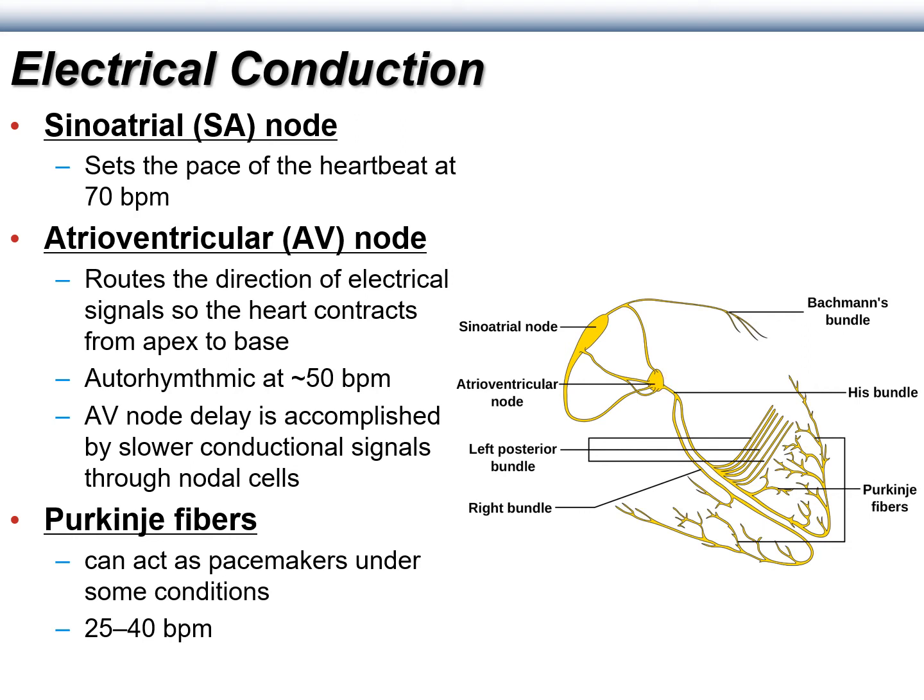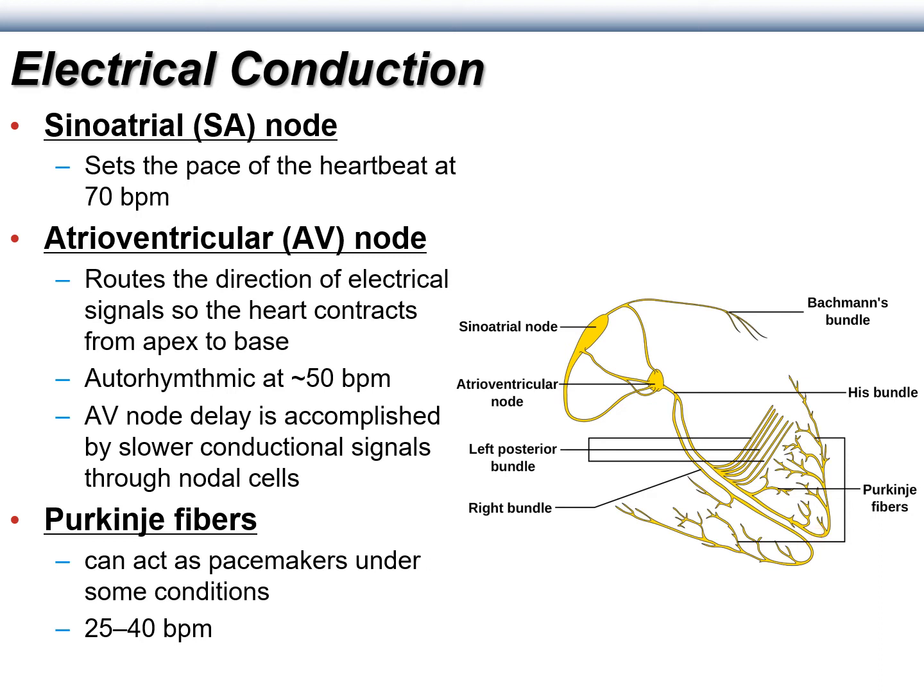And if we have a failure, say, at the bundle of His that separates these two nodes from the bundles and the Purkinje fibers, we might see an even slower heartbeat. This is that fail-safe mechanism I was telling you about. It's better to have a heart rate of 25 to 40 than it is to have a heart rate of 0.